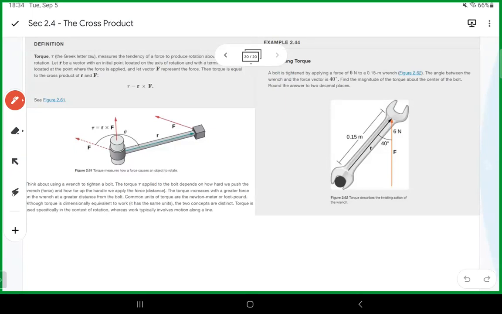Find the magnitude of the torque about the center of the bolt. Round the answer to 2 decimal places. So we're essentially finding the magnitude of the torque. It just looks like a fancy R to me, so I apologize if those look super similar to you.